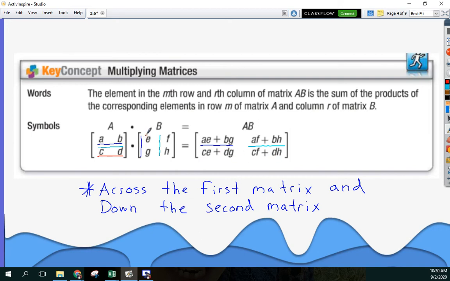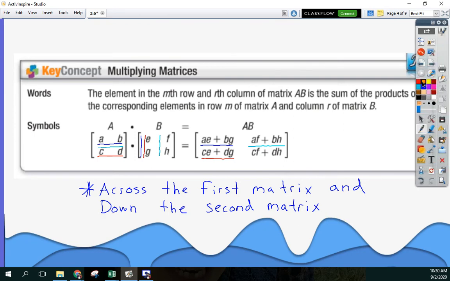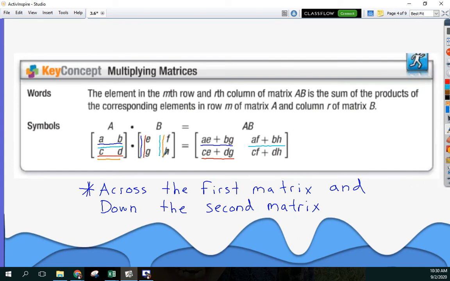Then I'm going to multiply it first by the first column in B. So we would do C times E plus D times G. Again, moving on, we're using that same row in A, but we're going to move on to our second column.